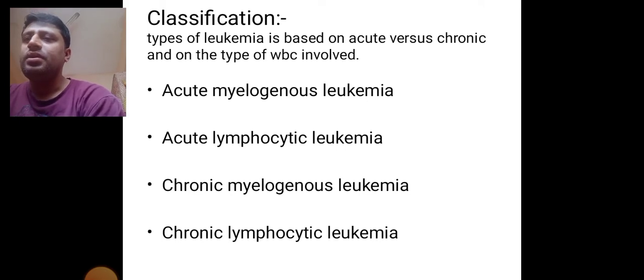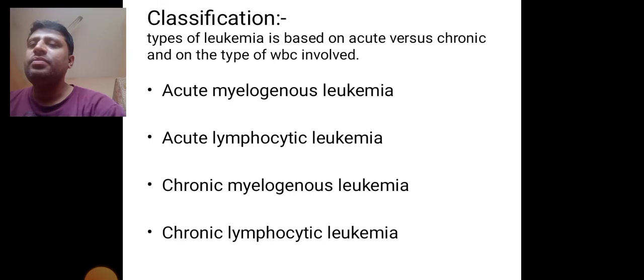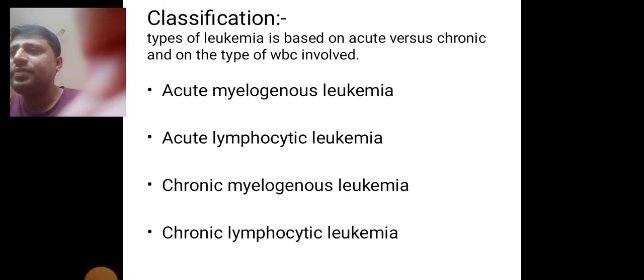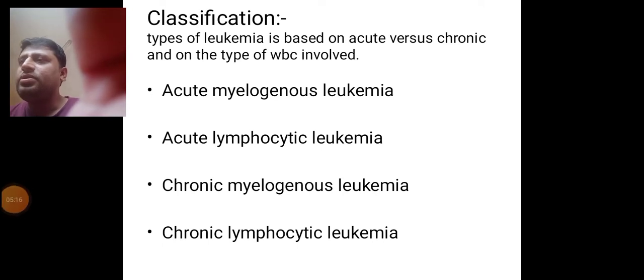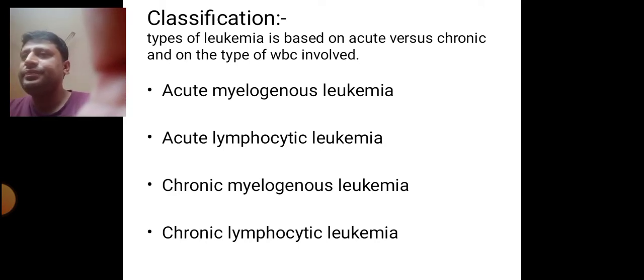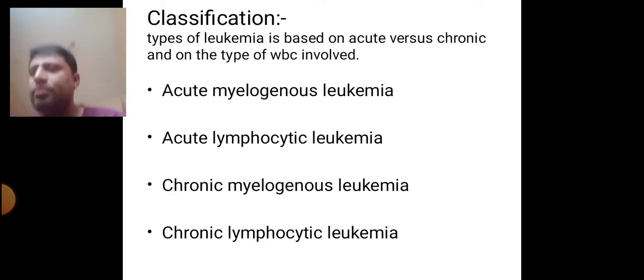Third one is chronic myelogenous leukemia. Chronic myelogenous leukemia is caused by excessive development of mature neoplastic granulocytes in the bone marrow.